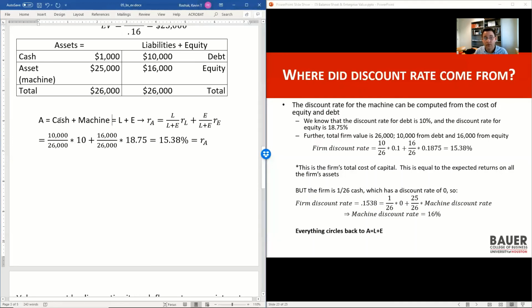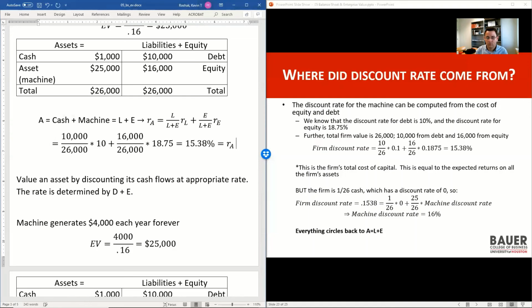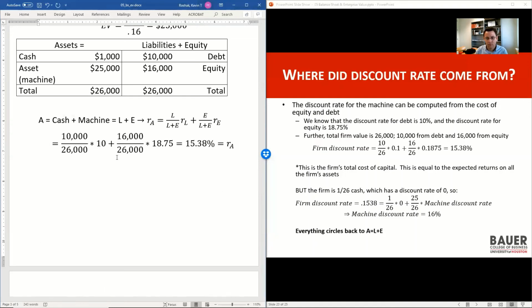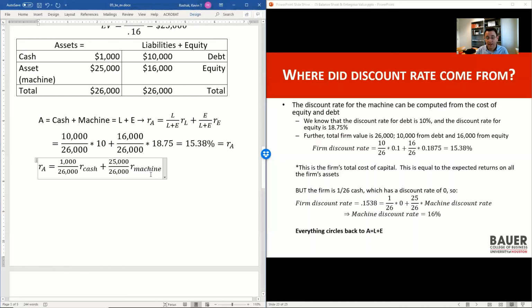So the returns from the assets get weighted between these two things. There's some return on the cash, there's some return on the machine, and these get weighted by their valuation. So the machine was worth $25,000 out of the $26,000, and the cash was worth $1,000 out of the $26,000. And the entire return on the assets has got to be 15.38.